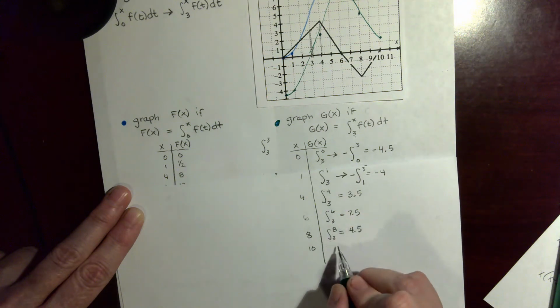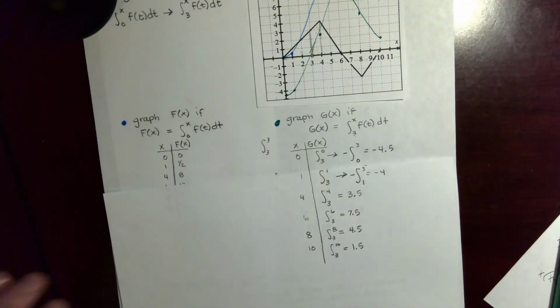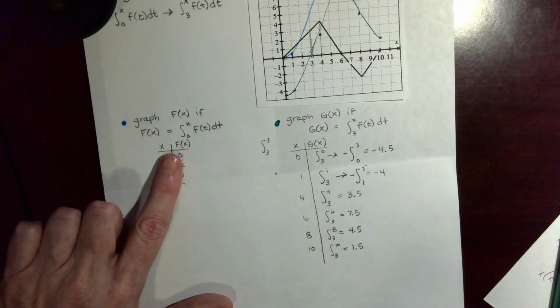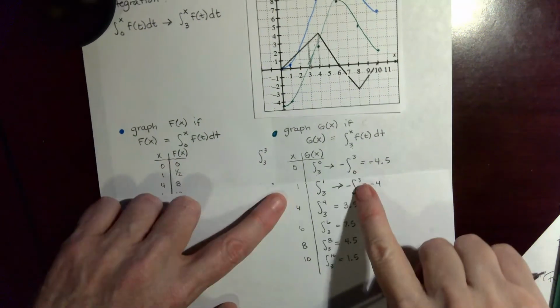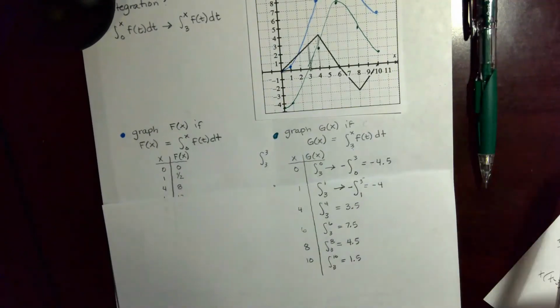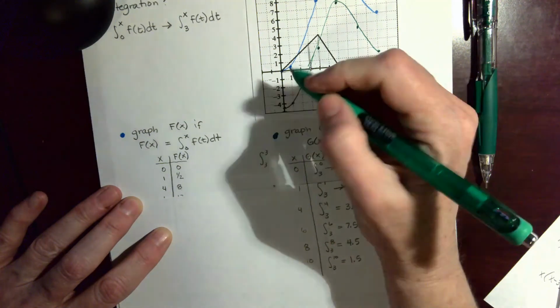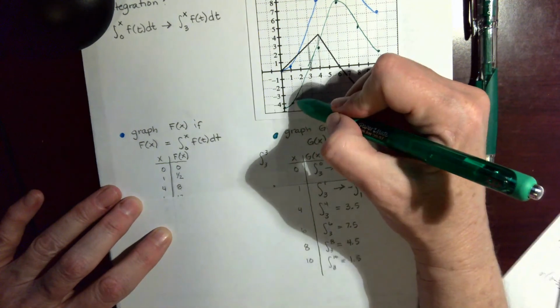And then at 3 to 10, it's going to be 1.5. It's the same. We had some negative values that we had to take into account. Okay. So this is at negative 4.5.